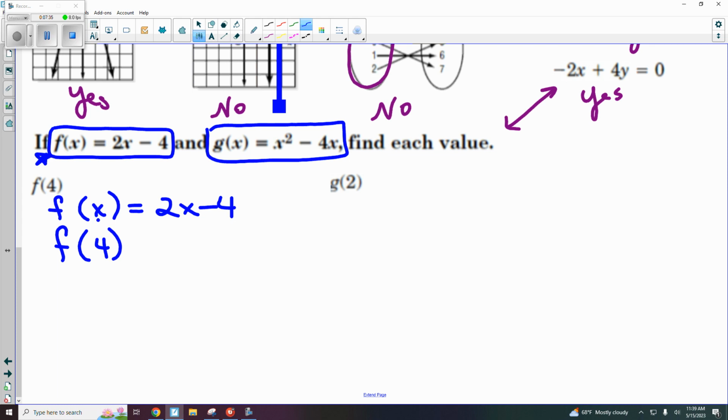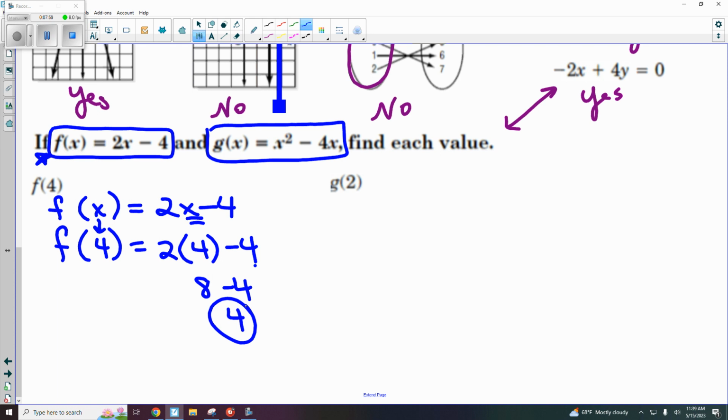We just replaced x with 4. So if it's 2 times x, it's now going to be 2 times 4 minus 4. And we only deal with just the right side of the equal sign. So 2 times 4 is 8. Minus 4 drops down. 8 minus 4 is 4. We're done.